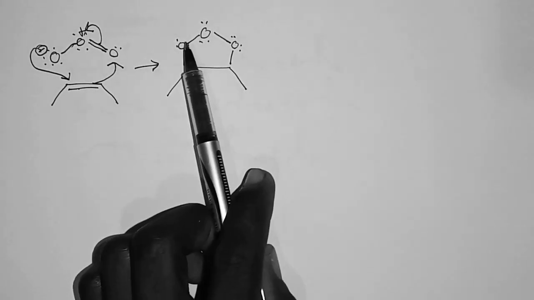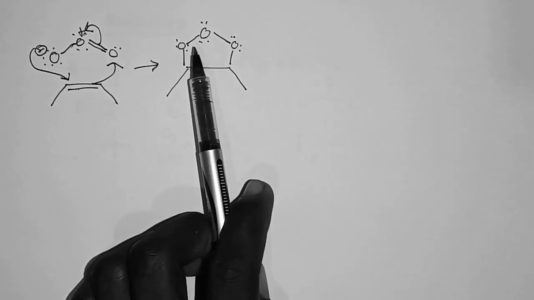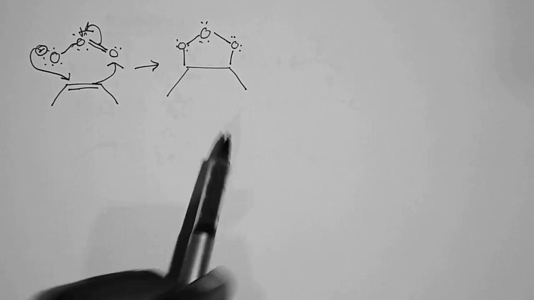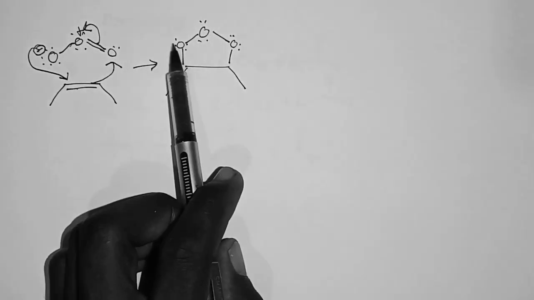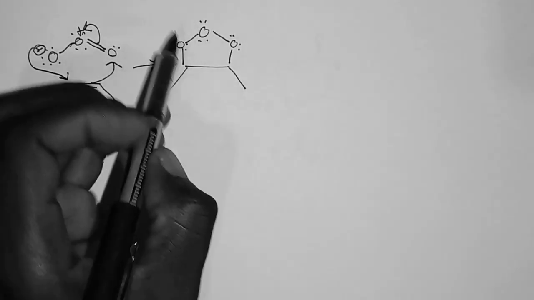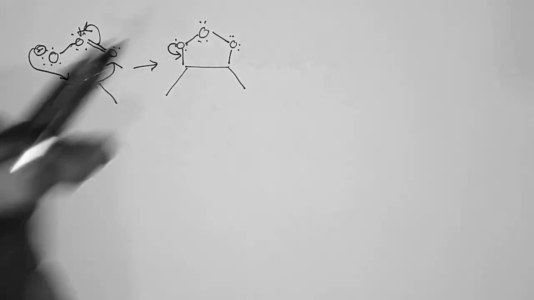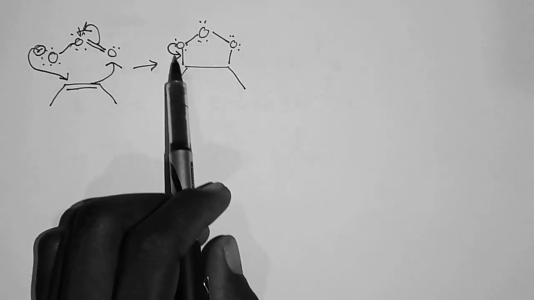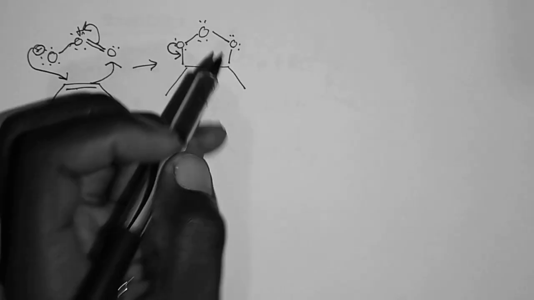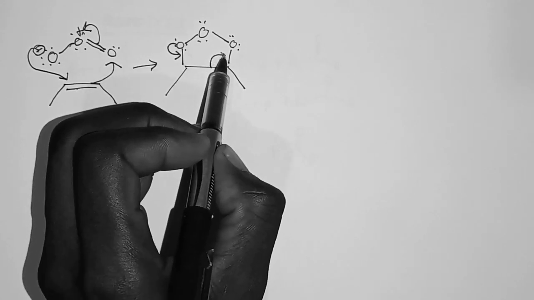However, oxygen-oxygen bonds are weak and very unstable. And therefore, this oxygen-oxygen bond will try to cleave. So this oxygen will donate lone pairs into this carbonyl center. That will cause a cleavage between these 2 carbons.